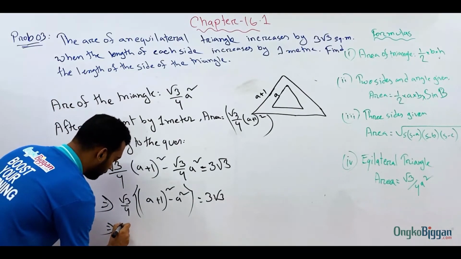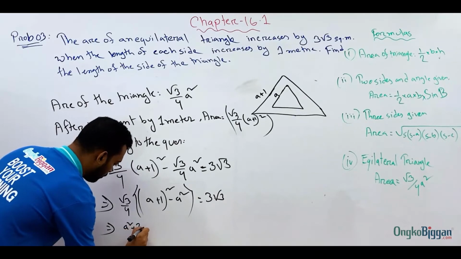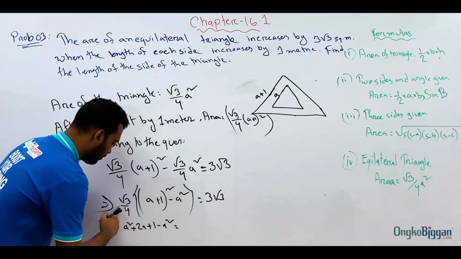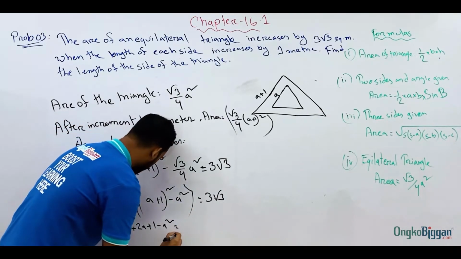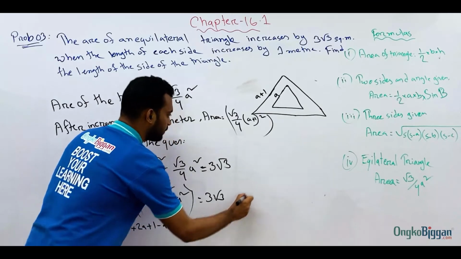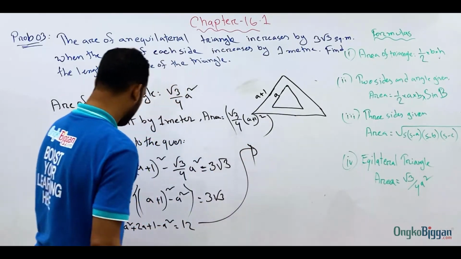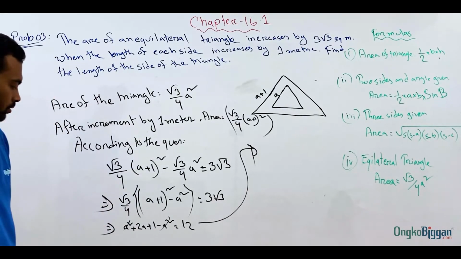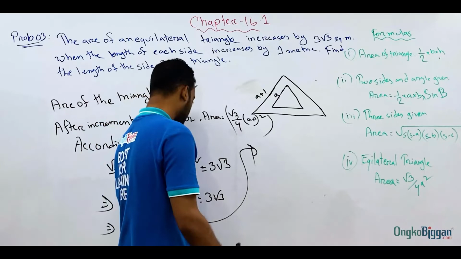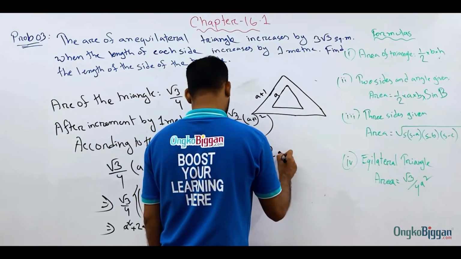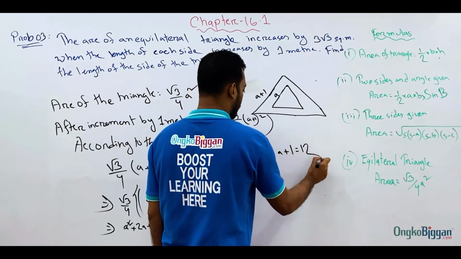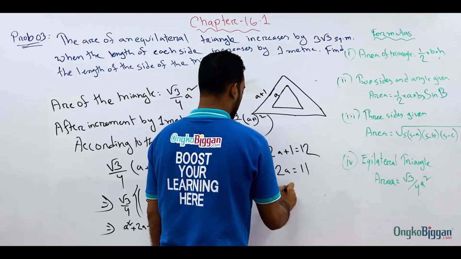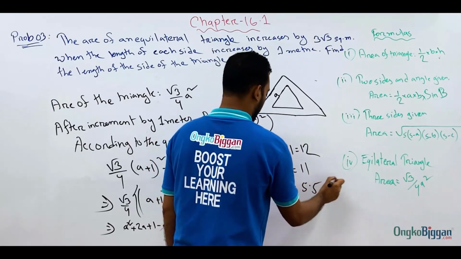So A squared plus 2A plus 1 minus A squared is equal to, taking this on the right hand side, 12. This A squared and A squared will cancel because plus minus. So 2A plus 1 is equal to 12. 2A is equal to 11. A is equal to 5.5.